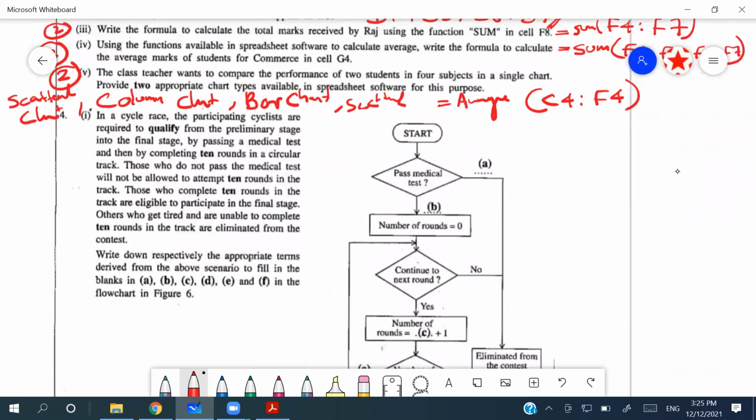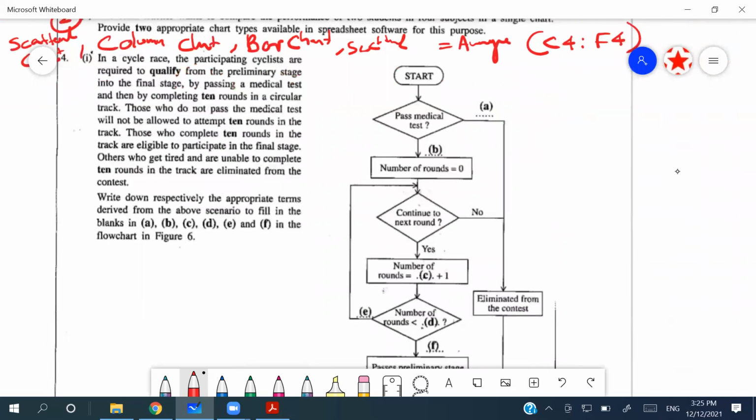So the fourth question. Yeah, people give me just a second.